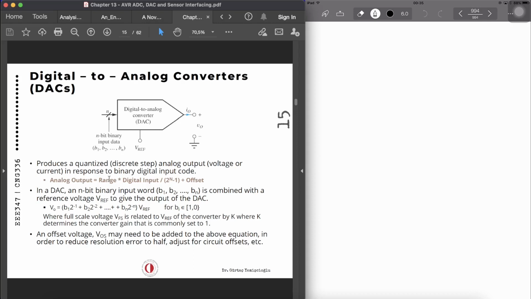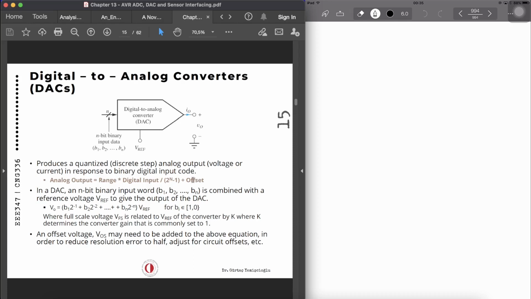So this means that we are increasing the analog voltage or current at the output in proportion to its digital input over a digital range. And if there are any offset adjustments, we also do that. That's why we have got plus offset in that case.